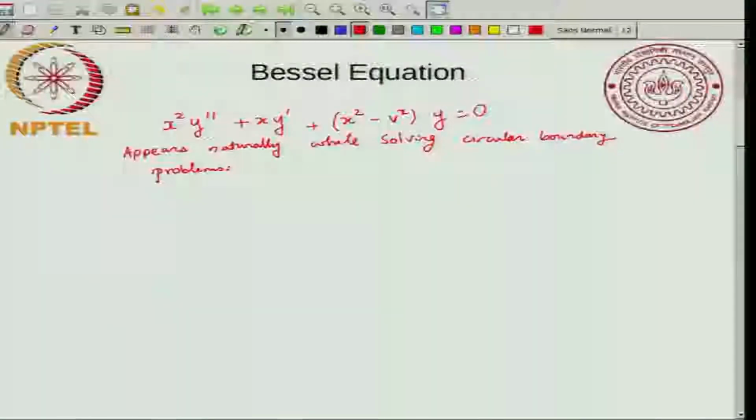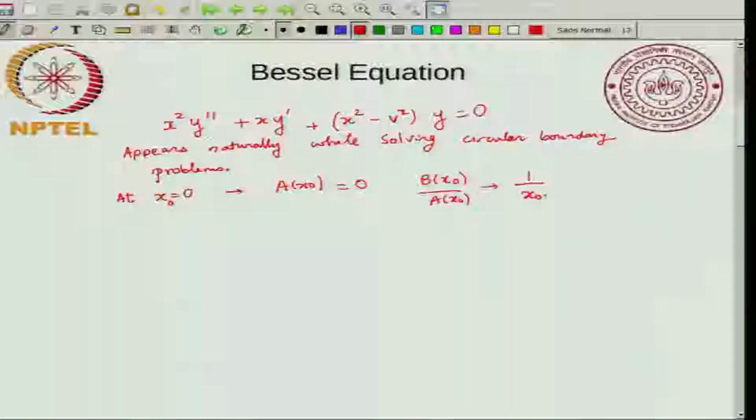Okay. Now, let us take this equation. Now, what we see is that at x equal to x 0, equal to 0. Okay. So, this is a of x 0 equal to 0, b of x 0 divided by a of x 0, this goes as 1 over x 0.